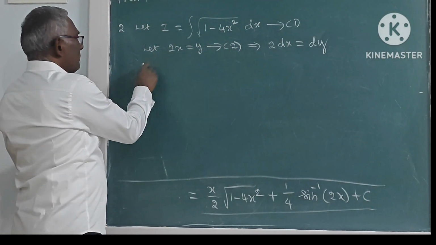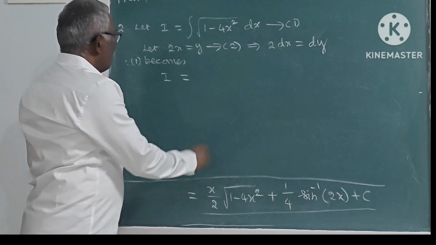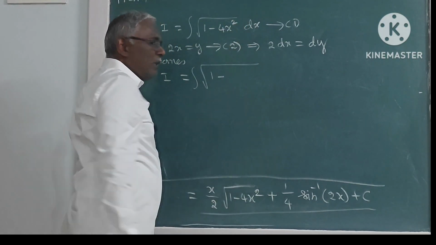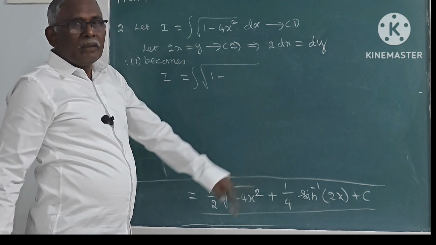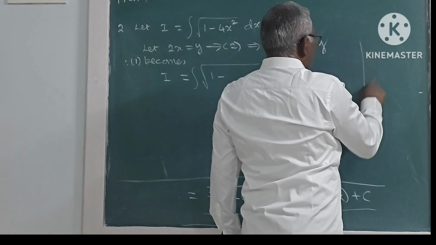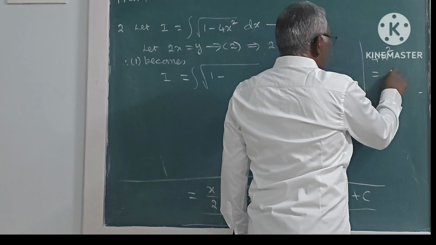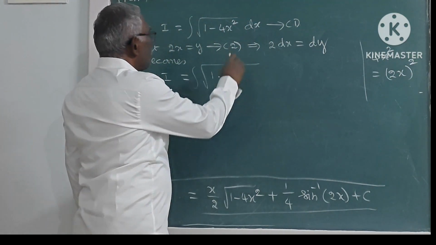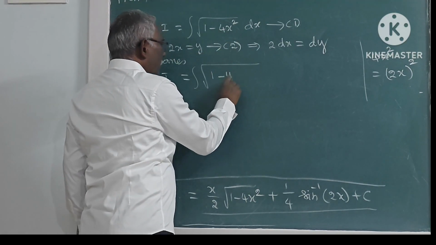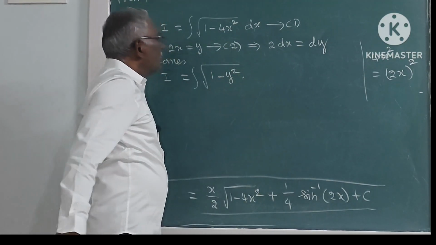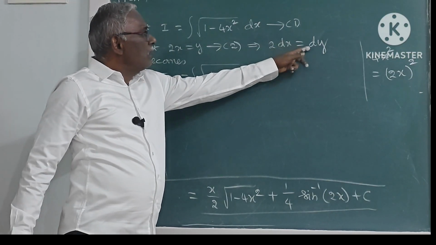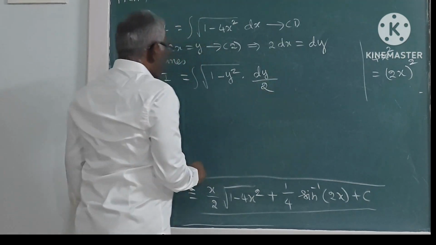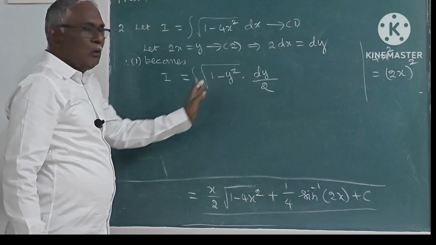Therefore, the integral of square root of 1 minus 4x square, we can write 4x square as 2x whole square, and this becomes y square. Then dx is nothing but dy by 2, so this 2 we will take outside.